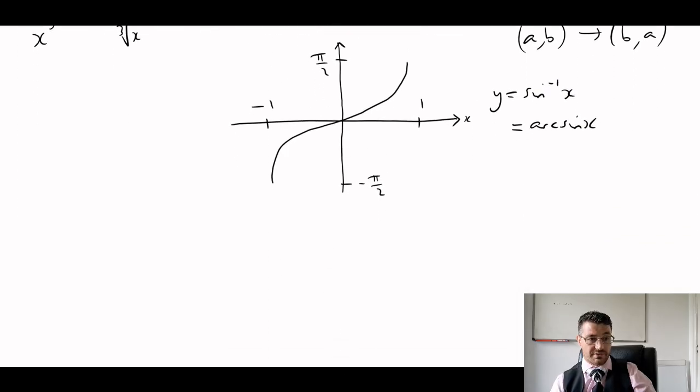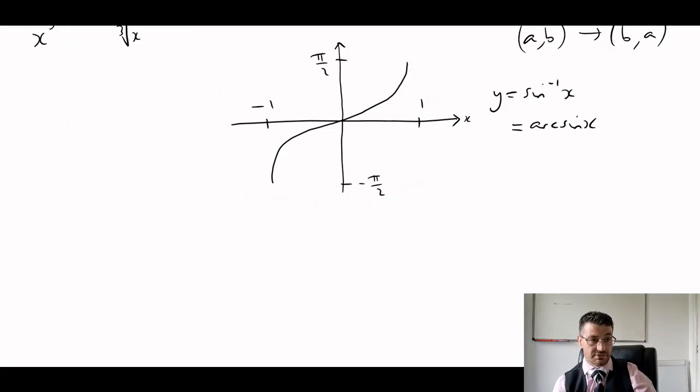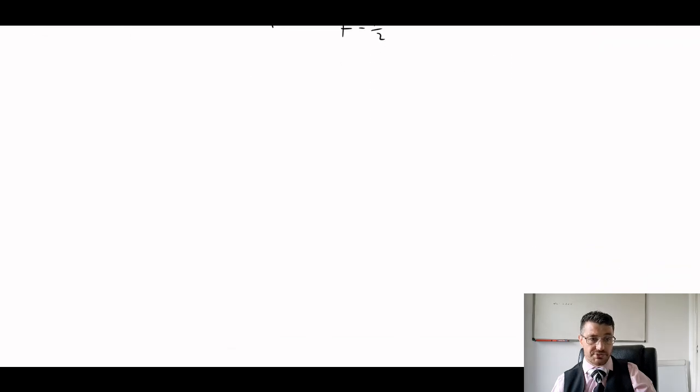So, bearing in mind that this is the graph of the inverse function when we restrict to minus pi by 2 to pi by 2, how about when we restrict from pi by 2 to 3 pi by 2? What will we get? What will it look like? It will look a bit different.